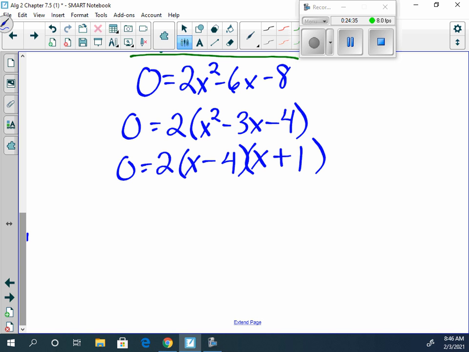Now, we have multiple things multiplied together that equal 0, yes? Which means one of these has to be 0. So it's telling me that either x minus 4 is equal to 0 or x plus 1 is equal to 0.